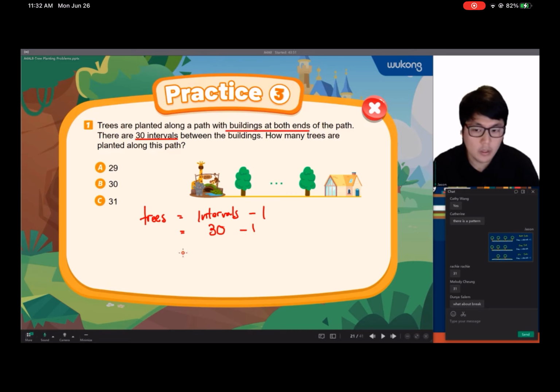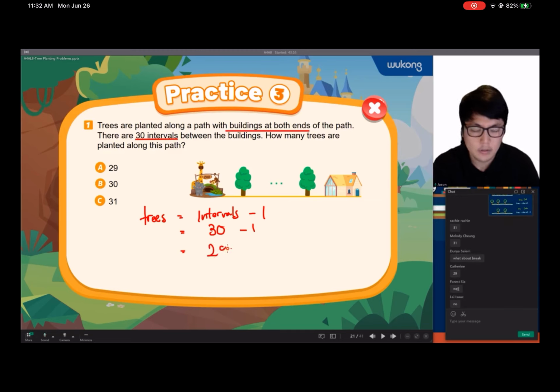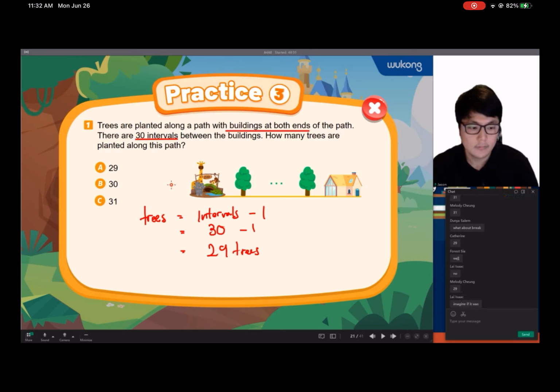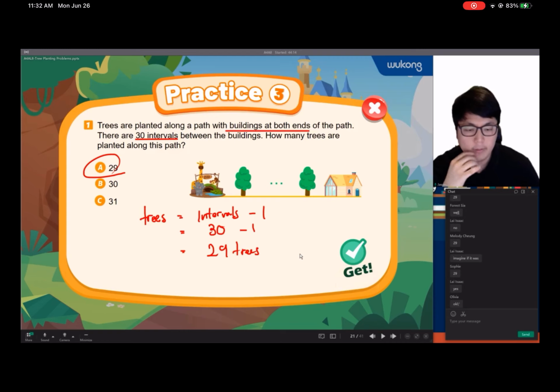Is it 31? Ah, you guys all fell for the trap. 29 trees. Right, guys? Don't fall for the trap. It's intervals minus 1.